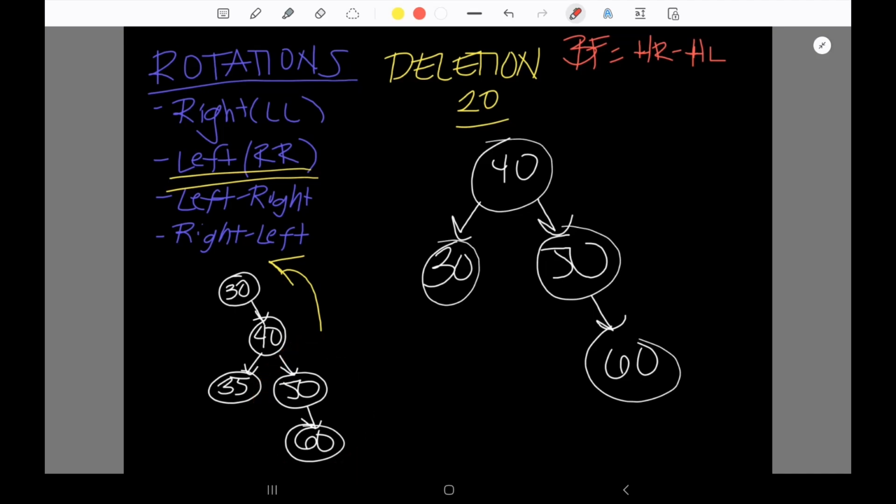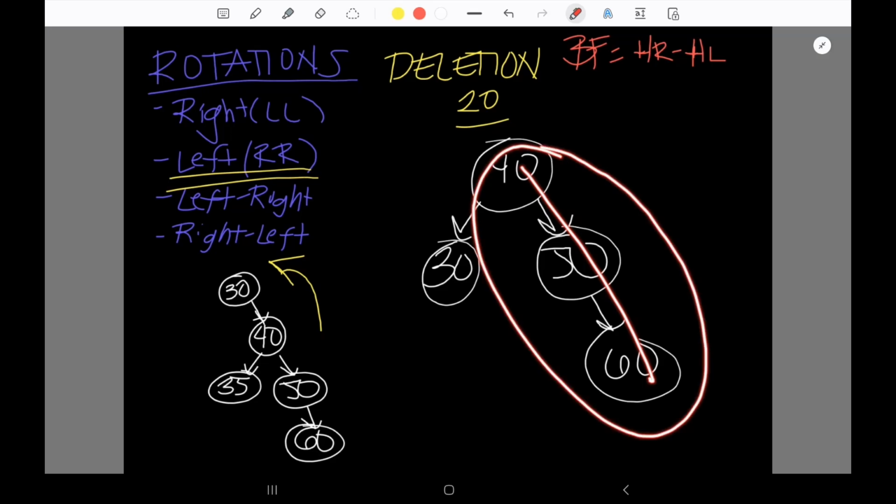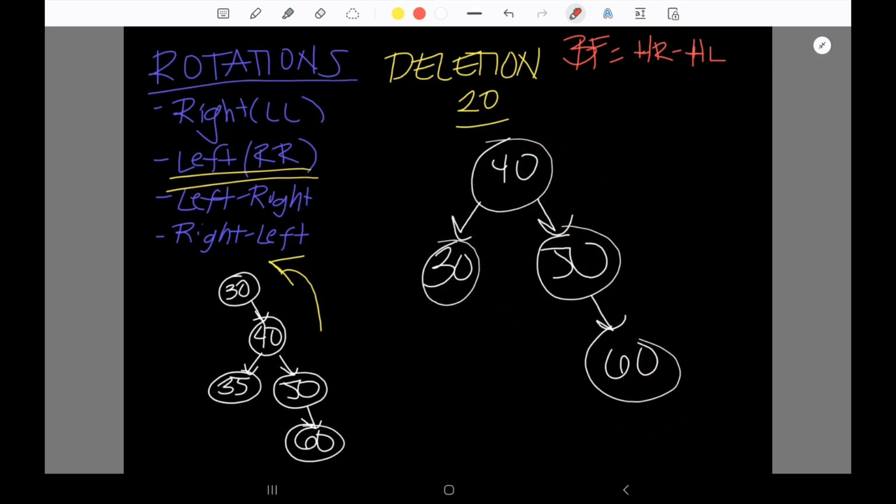So how about 35? Where does 35 go? Obviously not here because it's less than 40. Only values greater than 40 can go to the right of 40. So 30. So here or here? Since it is greater than 30, we're going to put it to the right.